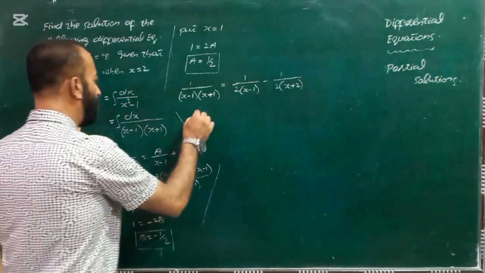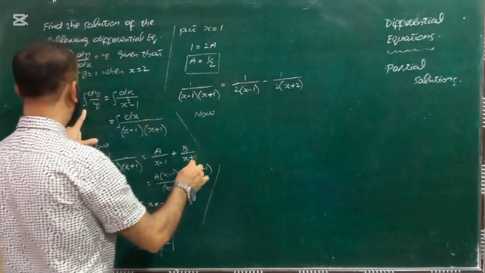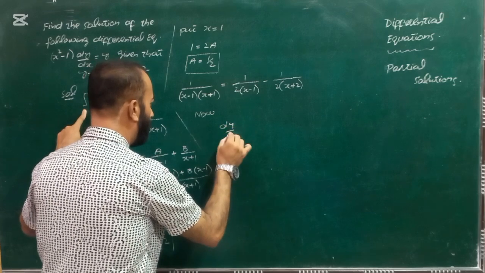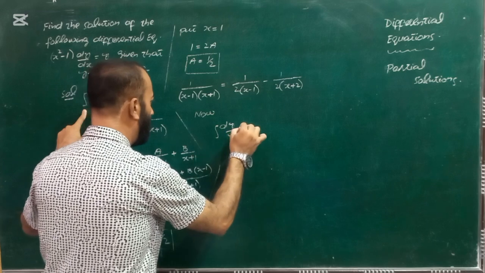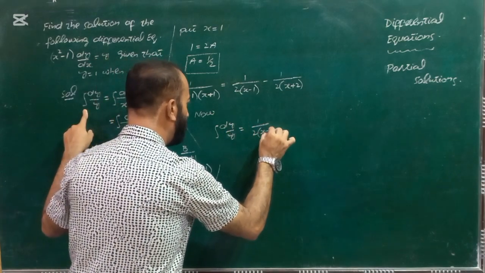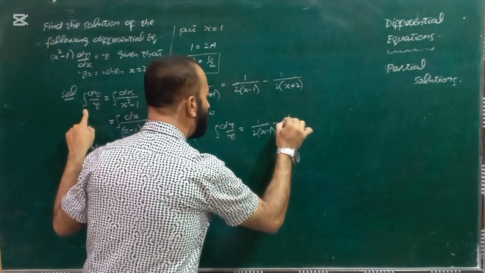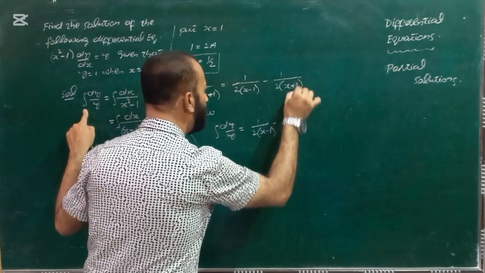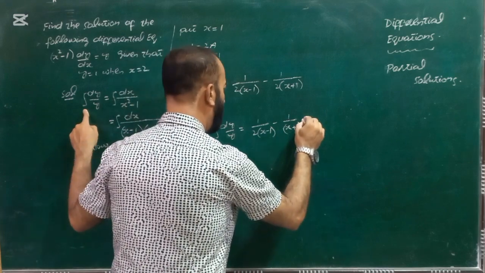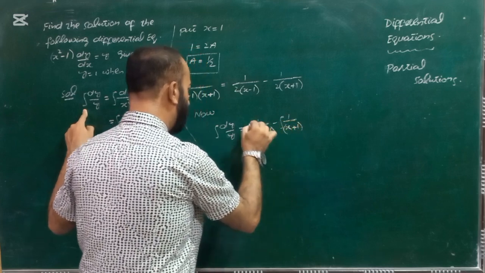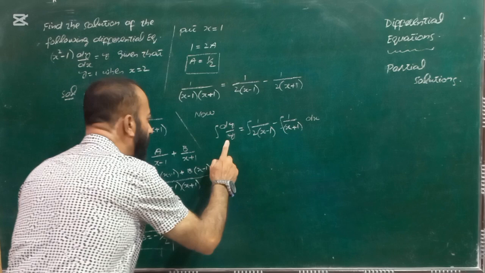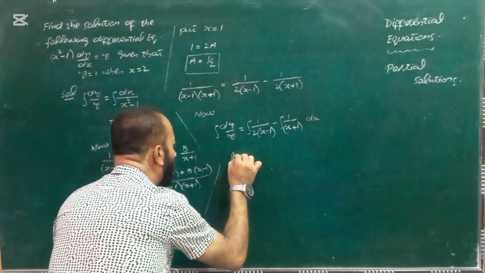So on the left hand side now is dy by y with the sign of integration, and on the right hand side we are having 1 over 2 into x minus 1 minus 1 by 2 into x plus 1 into dx. So the left hand side integral will be natural log of y.